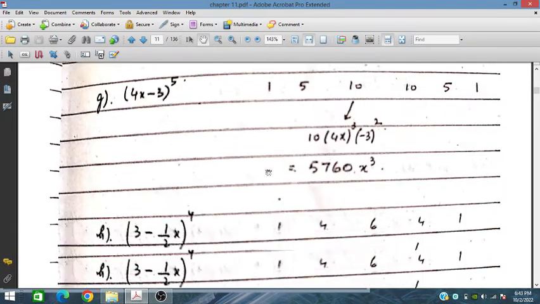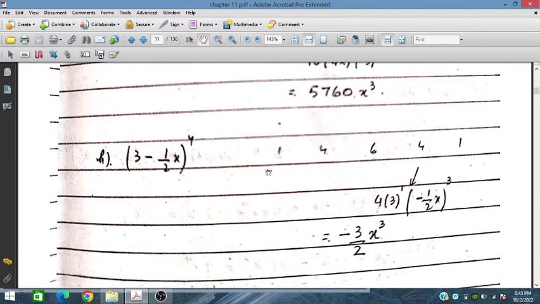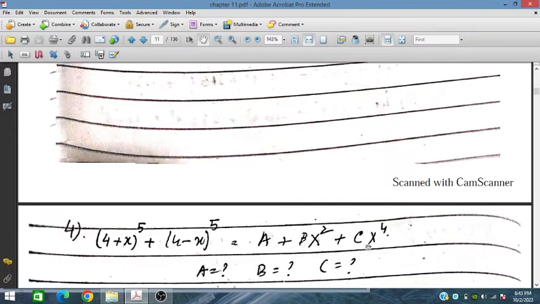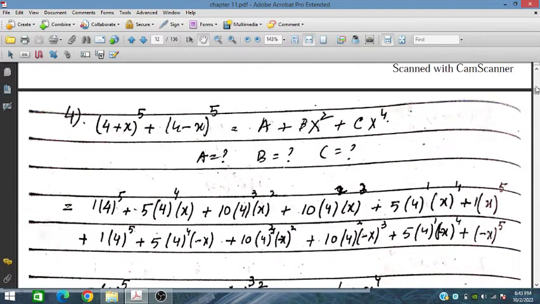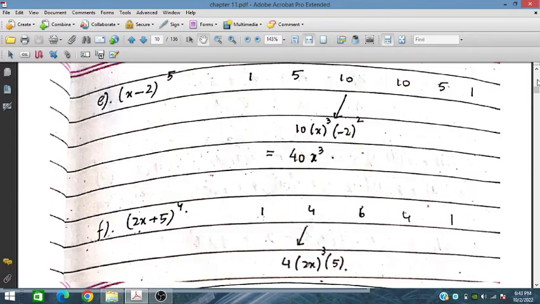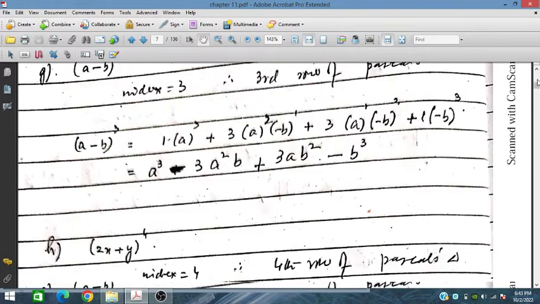For E, F, and G. For G, H, this can be written on, this is 4, so we have this term, and here we have 4, so this one would be the x3 term for this, and so we have this value. Now problem number 4, so this was easy.